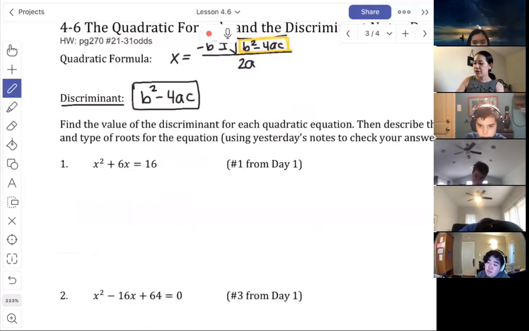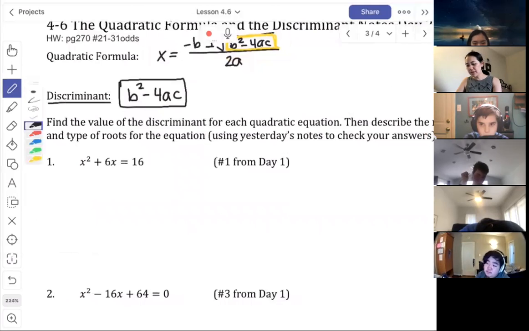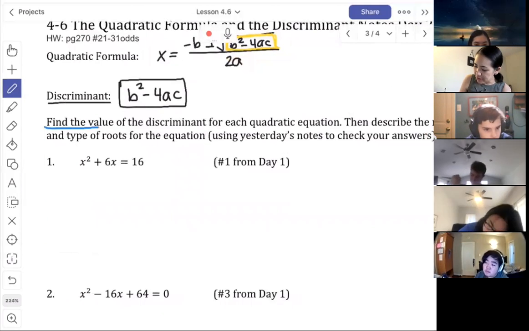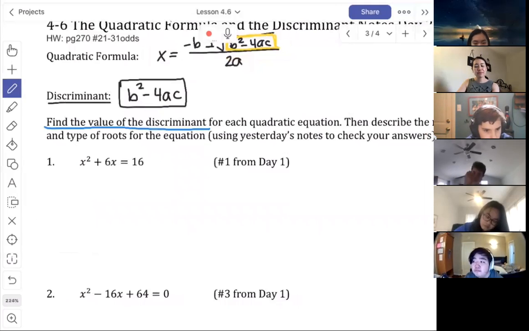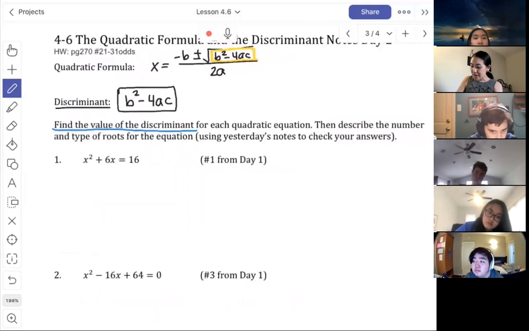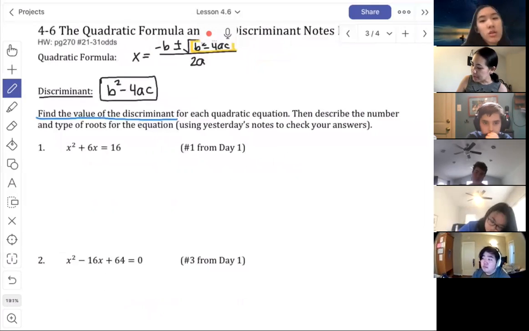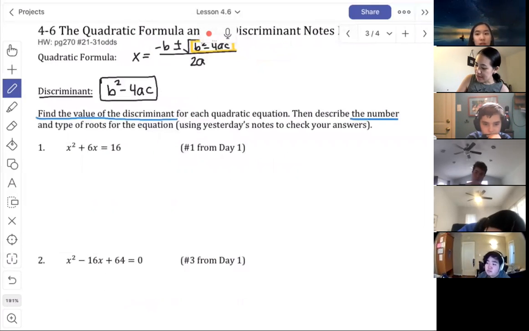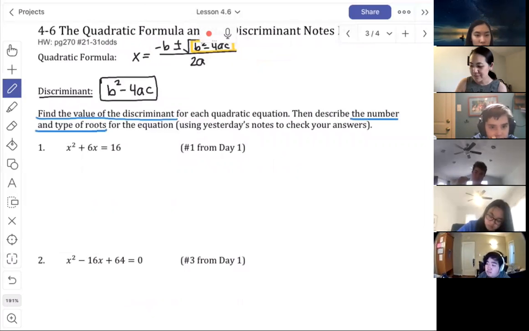Okay, so our goal for these examples is to find the value of the discriminant. Then using that, describe the number and type of roots based off of that discriminant.